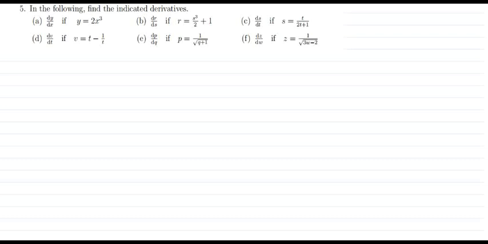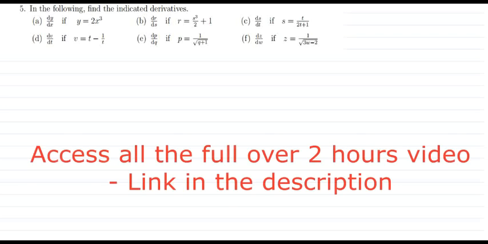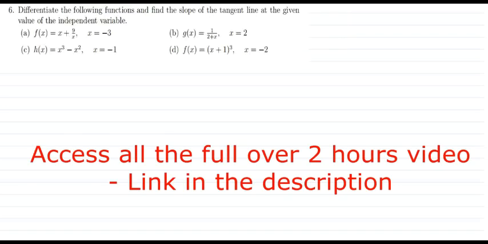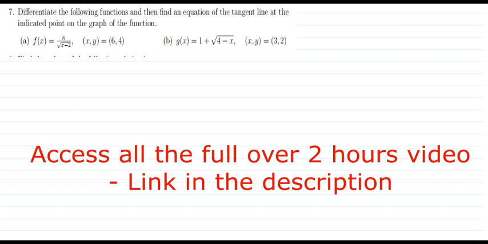Okay, so we are now on question 6, which is saying differentiate the following function and find the slope of the tangent line at a given value of the independent variable. Now we are on question 7, which is saying differentiate the following function and then find an equation of the tangent line at the indicated point on the graph.